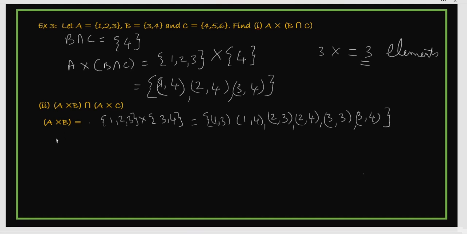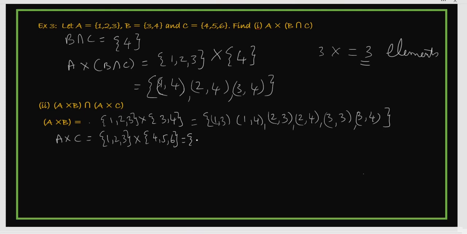What is the Cartesian product of A and C? This is {1, 2, 3} cross {4, 5, 6}. You will get a bigger number here, 3 into 3. I'm just doing it.